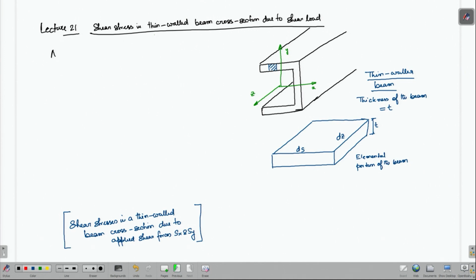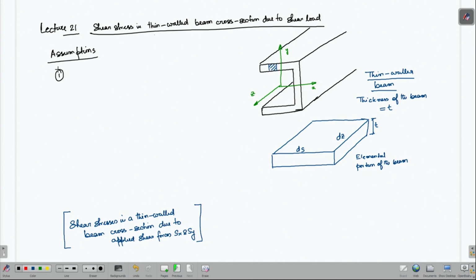These assumptions are mostly based on the information that the cross section is thin walled. The first assumption is that there is no axial constraint on the beam. The cross section of the beam has no axial constraint, that is, it is free to deform in the out of plane direction, so it is free to deform in the z direction.